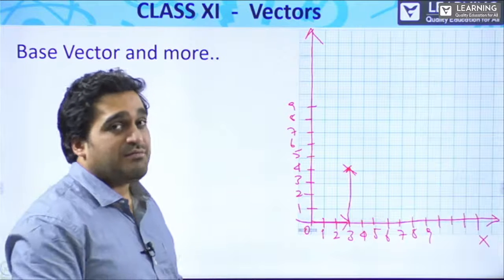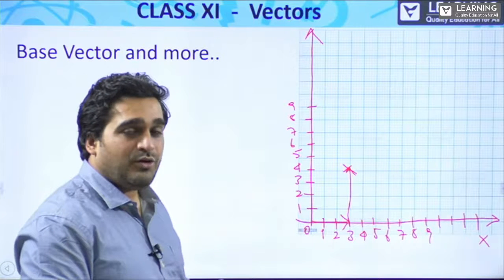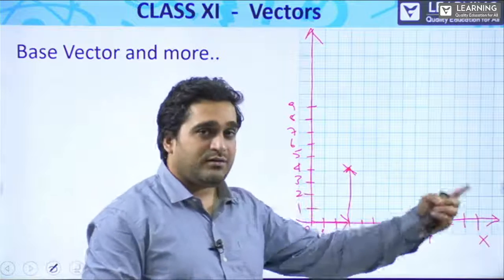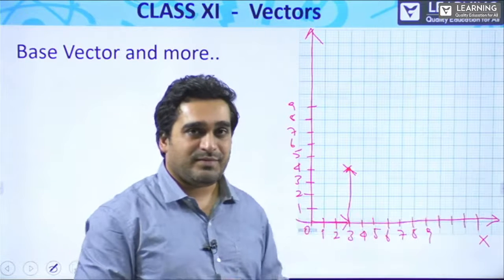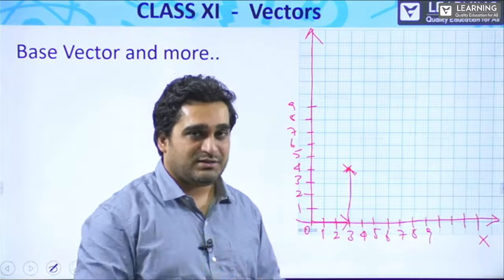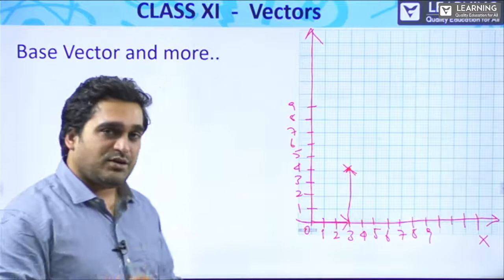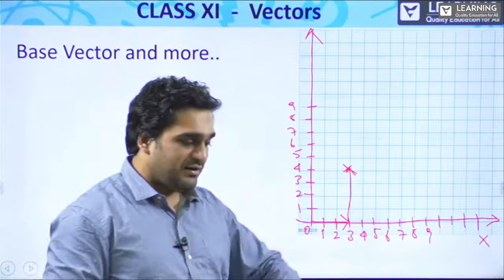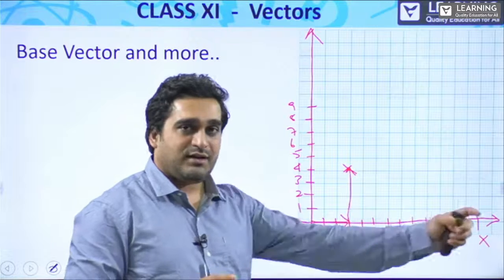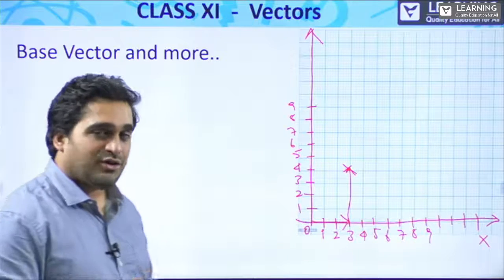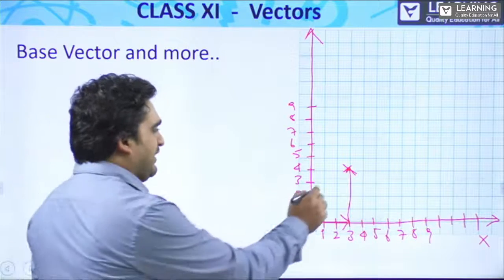Shortest distance is represented using what type of line? Curved line or a straight line? Shortest distance must be a straight line.